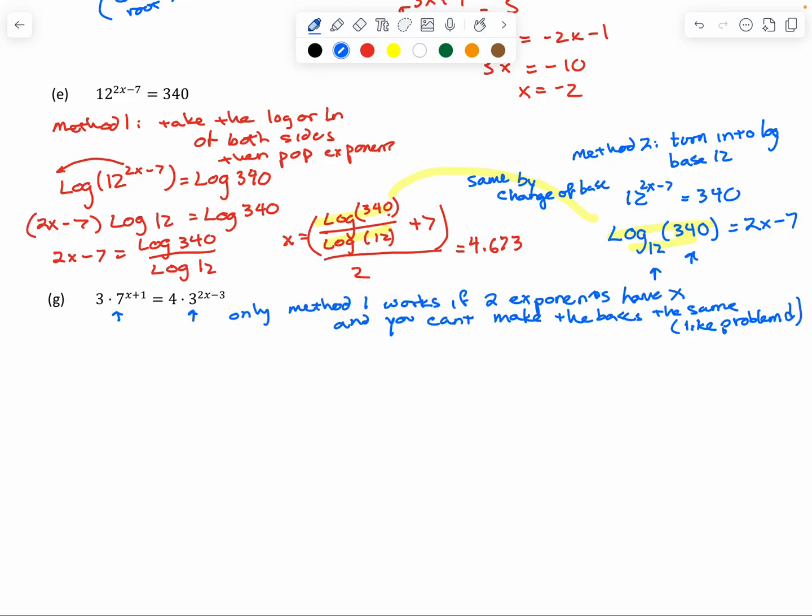If you can make the bases the same, it's not worth doing all this extra work. But I'm going to do ln this time. We did a practice problem a couple of times doing class notes, but this will have extra words. So one note.